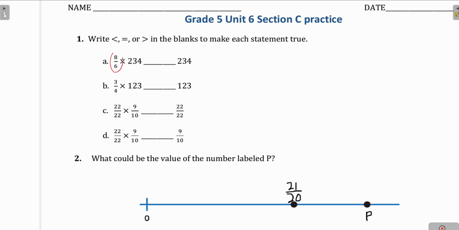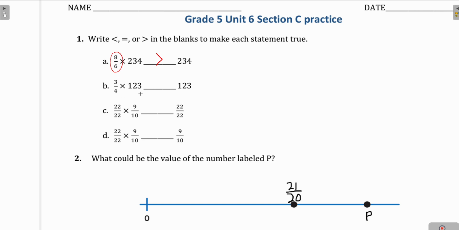Because the numerator is bigger than the denominator, this fraction is greater than 1. And when I multiply any number by a fraction greater than 1, that number is going to increase. Therefore, 8/6 times 234 is going to be greater than 234 because this number is going to go up, of course.